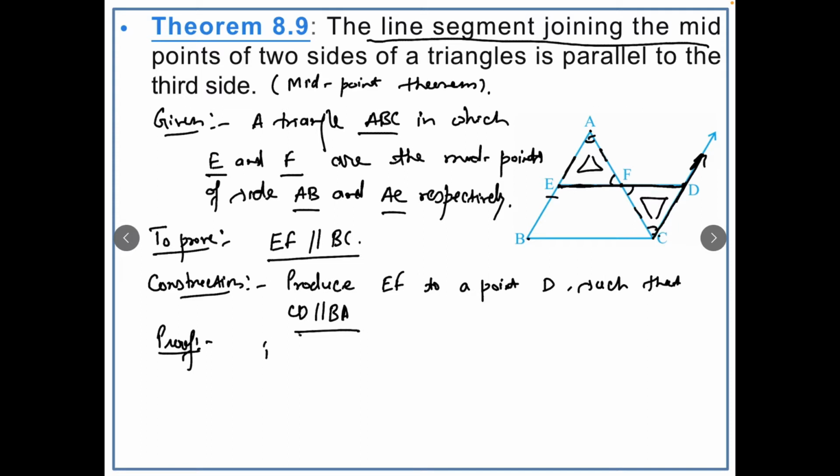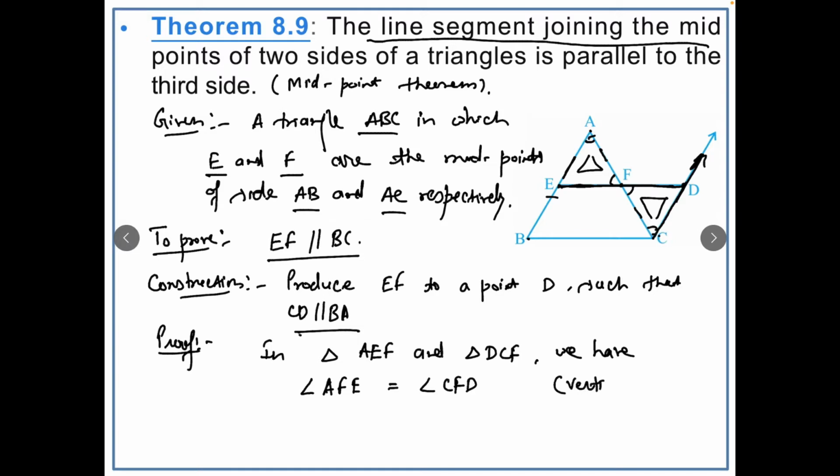So let's start. In triangle AEF and triangle DCF, we have angle AFE equals angle CFD, because they are vertically opposite angles.